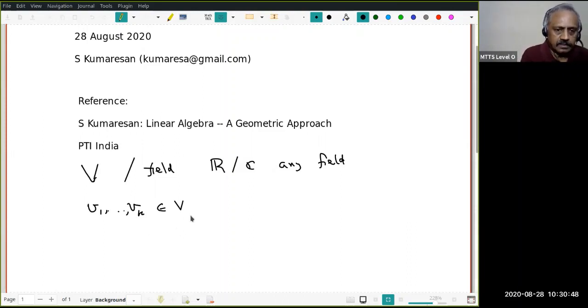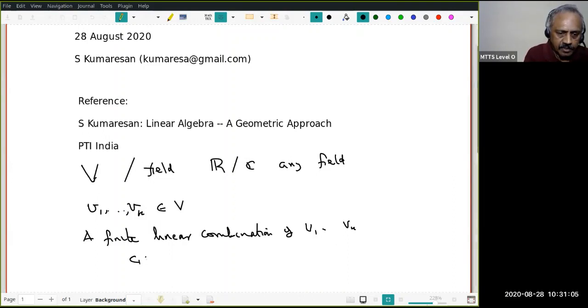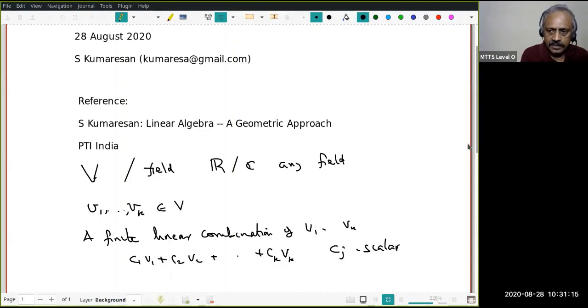A linear combination of v1 to vk is, by definition, an expression of the form c1 v1 plus c2 v2 plus ... plus ck vk, where the cj's are scalars, that means elements of the underlying field. This is of course finite.